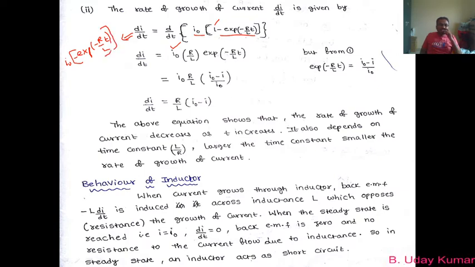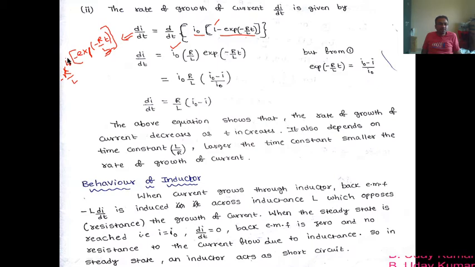But you also have to differentiate this minus R by L into t, which gives minus R by L. This minus and this minus become positive.